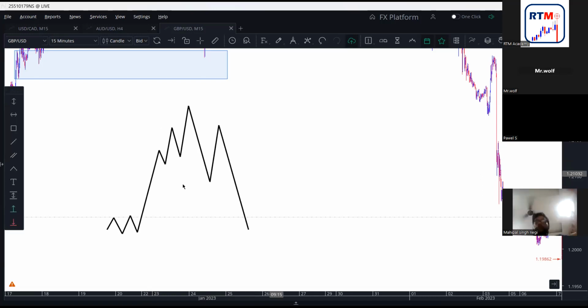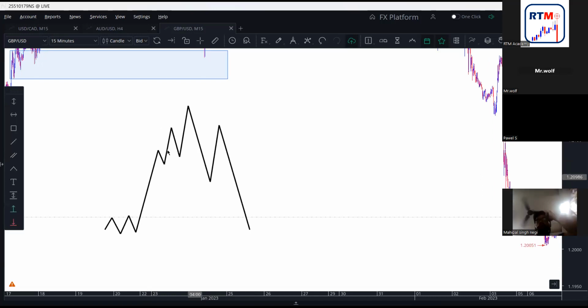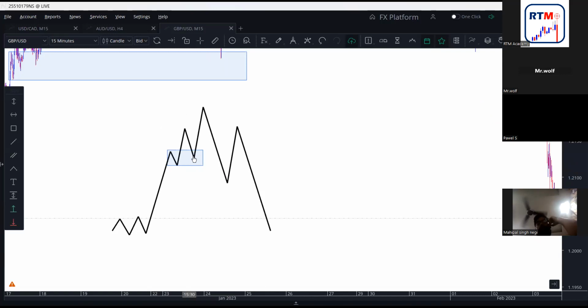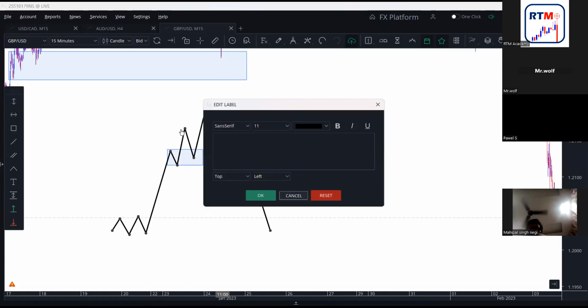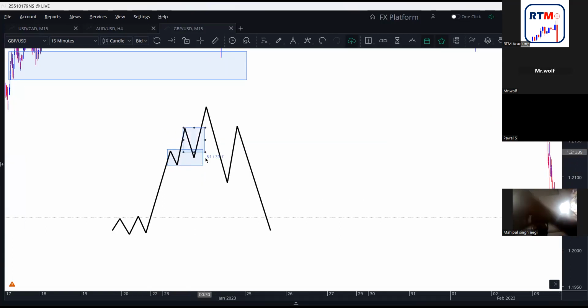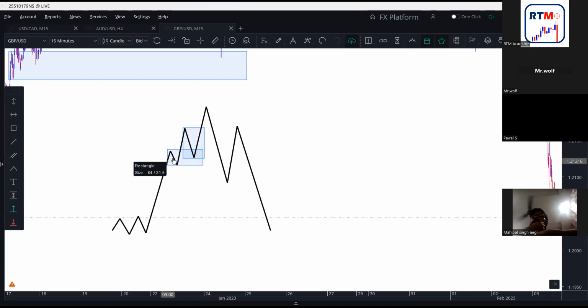So as we see here, we have an area which holds the price up and took the price to the target. And the second area here consumes the previous area's orders. So the orders have been transmitted to the second area.